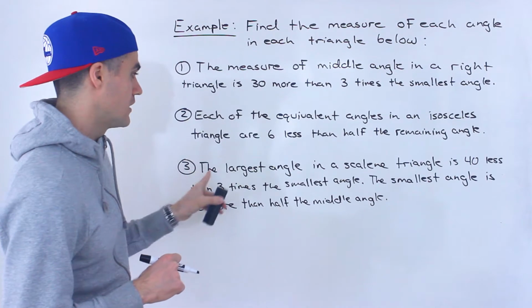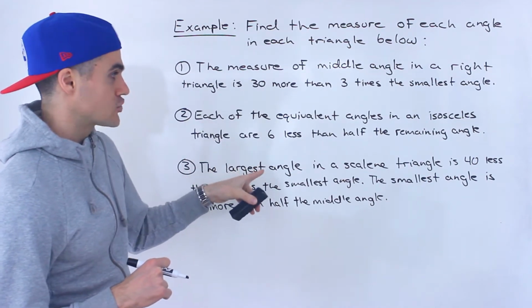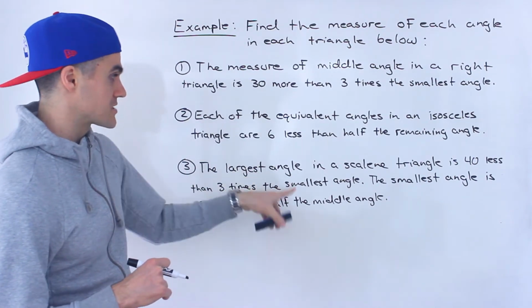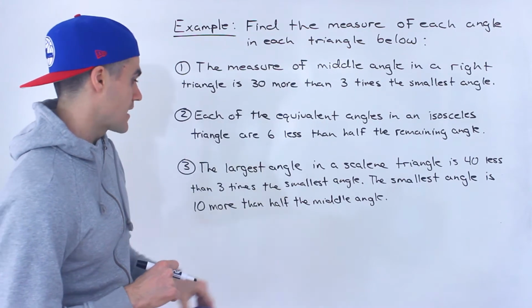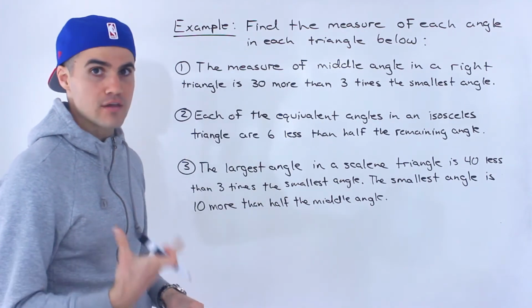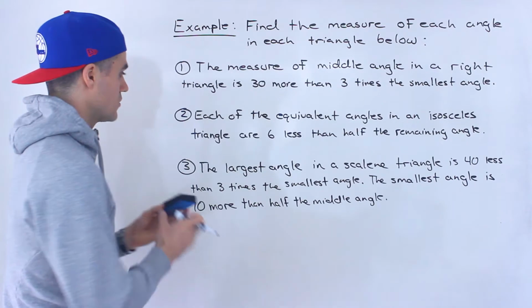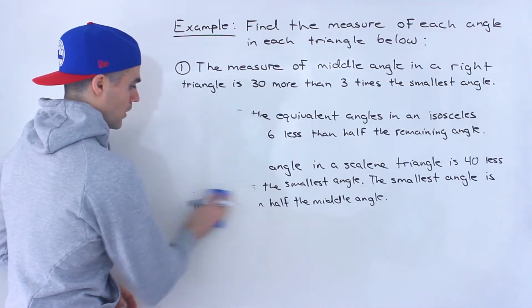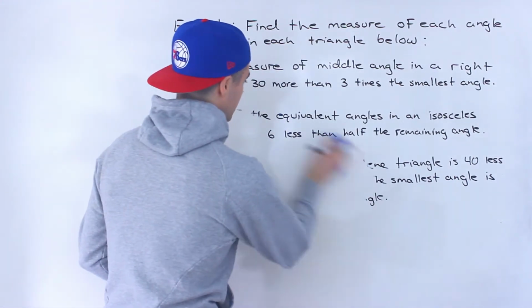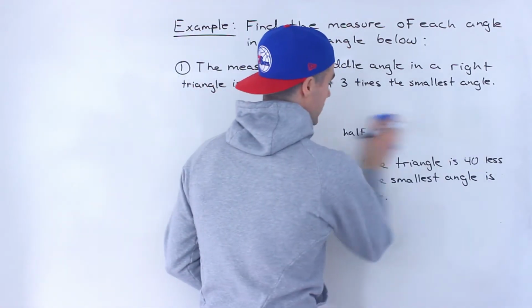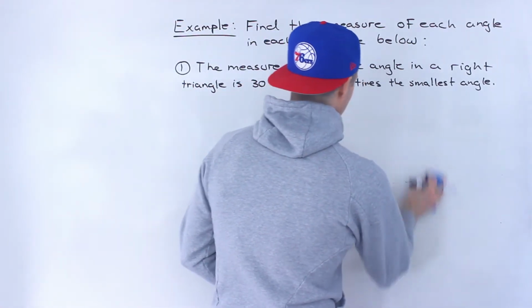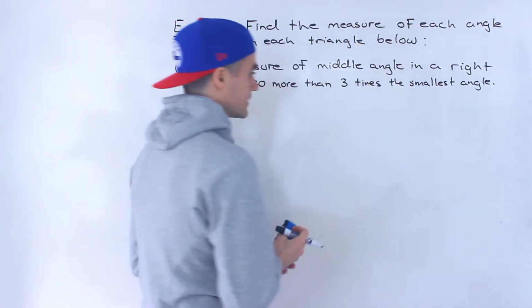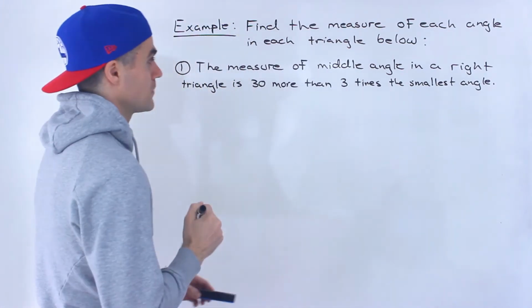And then number 3, the largest angle in a scalene triangle is 40 less than 3 times the smallest angle. Then the smallest angle is 10 more than half the middle angle. So a bunch of different scenarios. I wanted to expose you to different types of questions that you can get and get some practice in adapting to whatever information you're given.